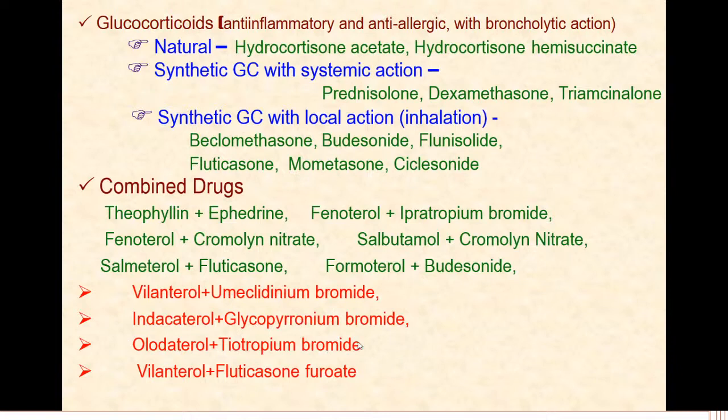Olodaterol plus tiotropium bromide, a third example of this combination. And very effective is vilanterol plus fluticasone. Vilanterol is a long-acting beta-2 adrenomimetic, fluticasone is a topical glucocorticoid. So these combinations are very effective and very popular nowadays.